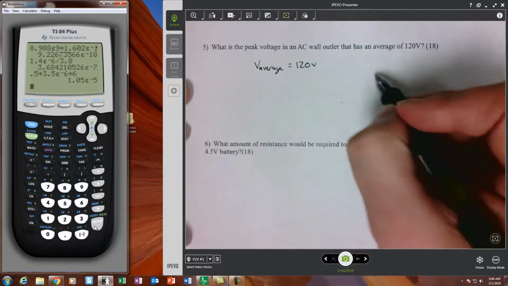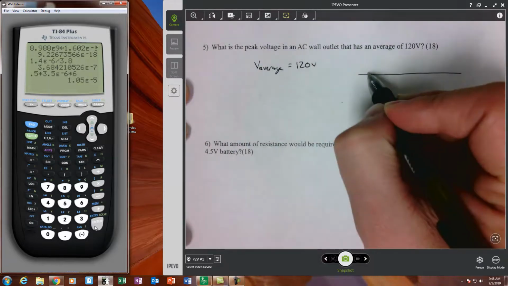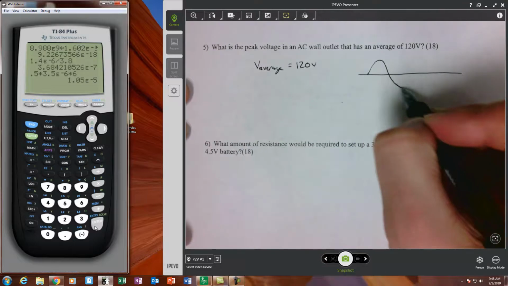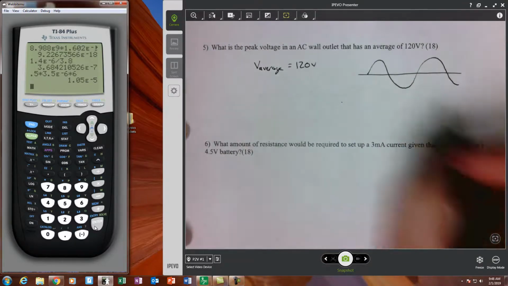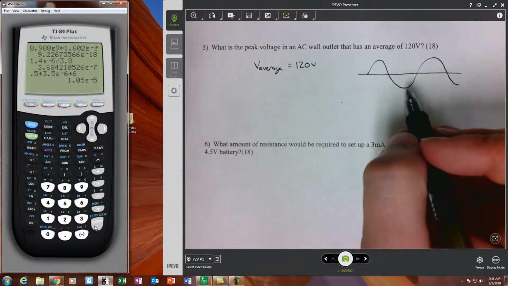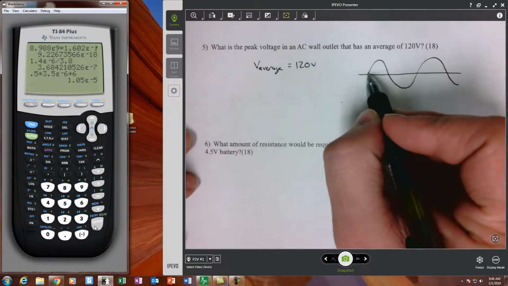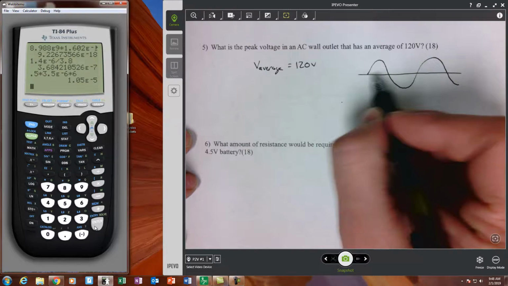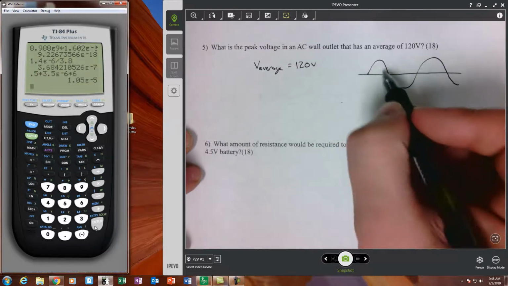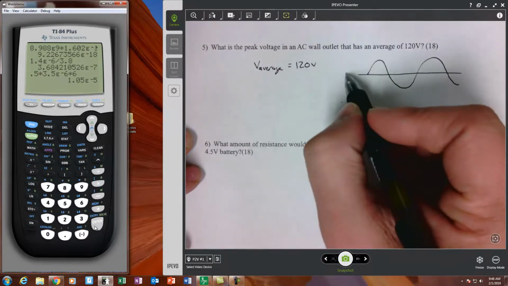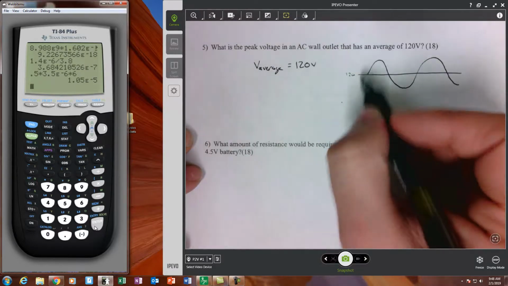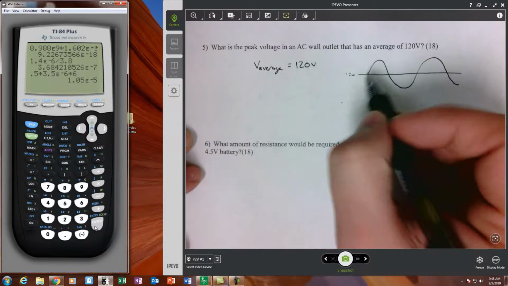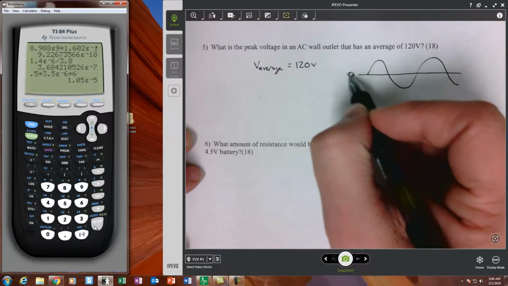But remember that voltage follows a sine wave when we use AC circuits. If we said its true average was 120, that would mean this right here would have to be 120. But we know that there's a below and an above. You know, there's a negative and a positive. Truth is that this is 0.